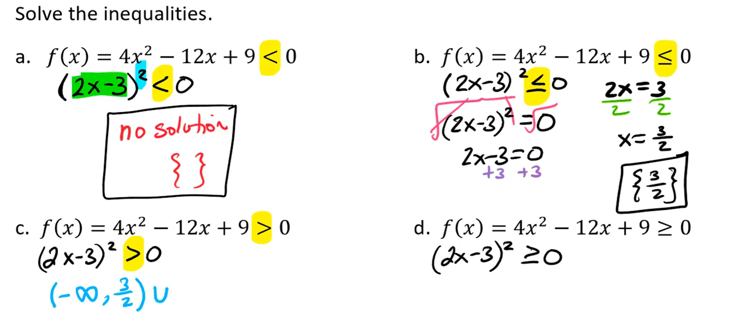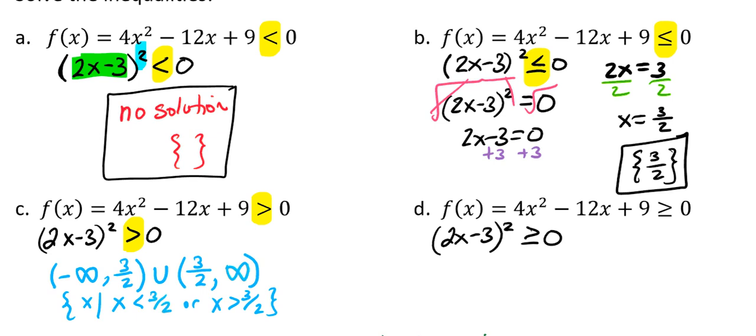Then we union that with from 3 halves all the way to infinity. This is our interval notation. If I was doing this in set notation, my answer would be x such that x is less than 3 halves, or x is greater than 3 halves. And that would be my solution.